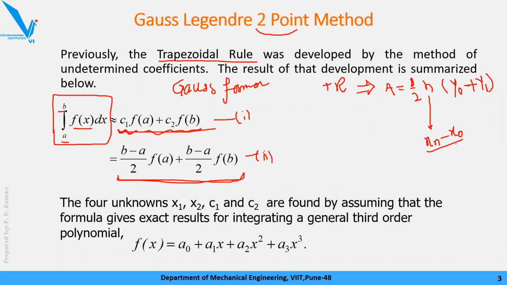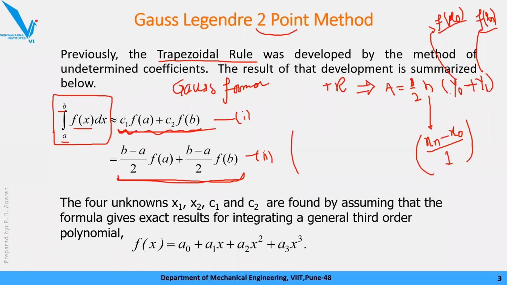Just now I told you the number of strips is only 1. Now y0 is nothing but f of x0 and y1 is f of x1, that is xn, because there is only one strip. So if I put these values, f of x0, f of xn and this xn minus x0, what I am going to get is kind of the same formula.